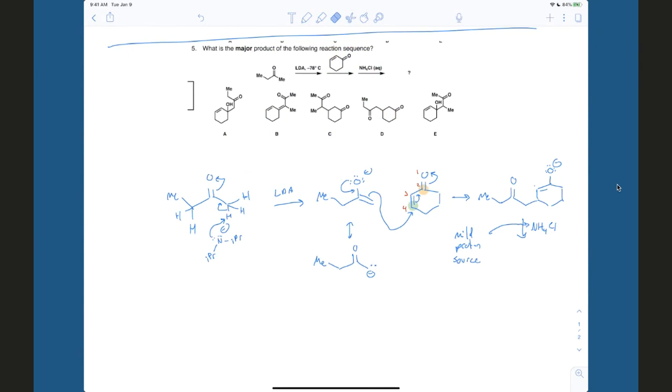This will let us just protonate anything. It's milder than adding HCl to stop a reaction. Do not expect to have imine chemistry going on. And after protonation of an enolate, we just get the ketone back.